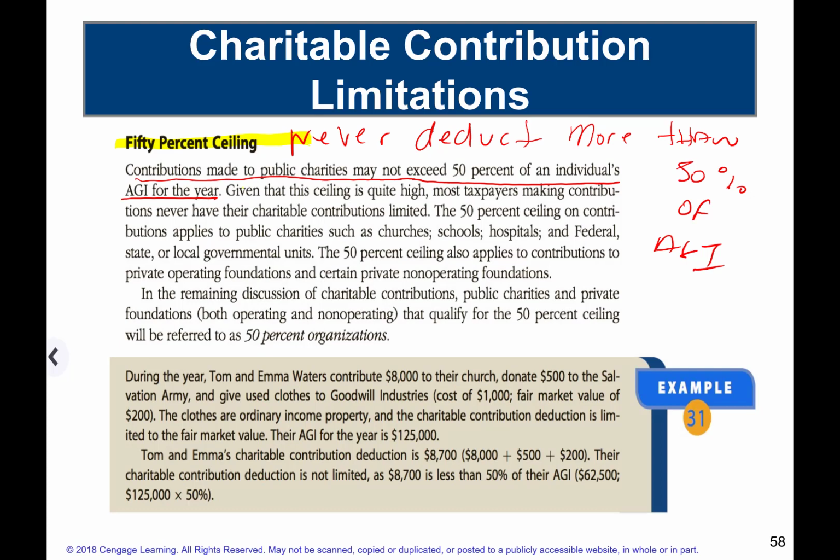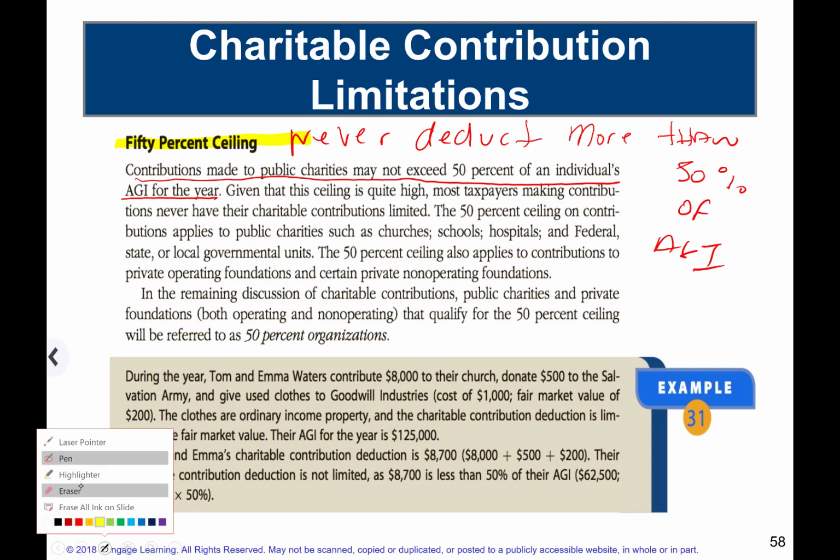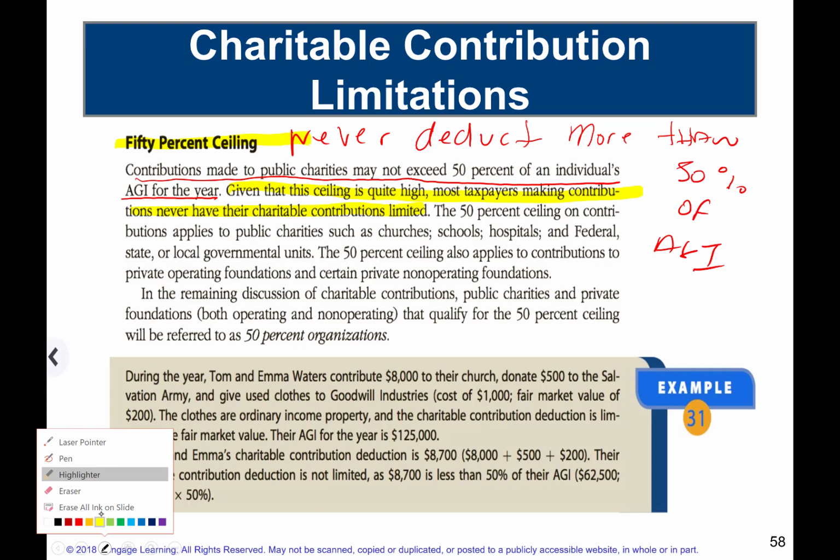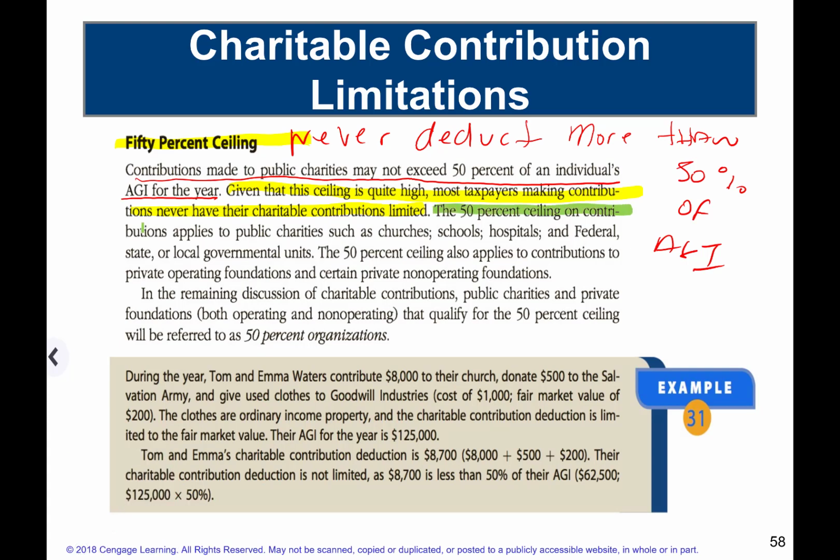Now, given this ceiling is quite high, it is rare that individuals will be giving, or trying to give, more than the 50%, right? That's a lot of your AGI. The 50% ceiling applies to public charities such as schools, churches, hospitals, and federal, state, or local government units.